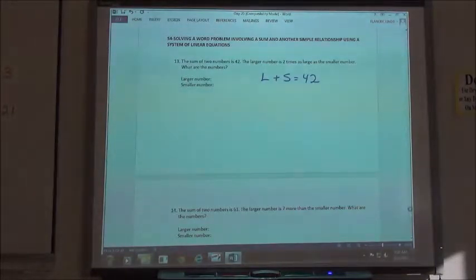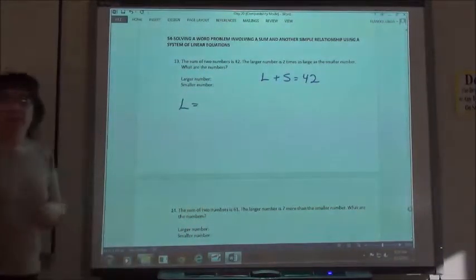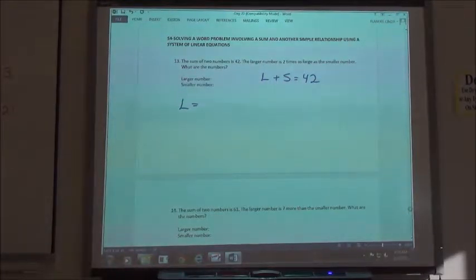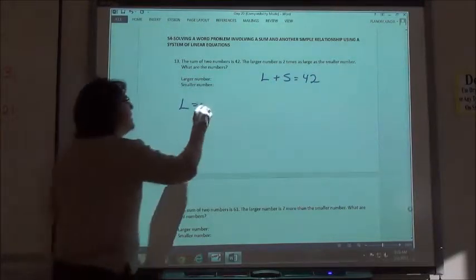Then we're going to translate that second sentence. It says the larger number is, L is going to equal something. The larger number is 2 times as large as the smaller number. How would I show 2 times the smaller number? 2 times S, 2 S's.